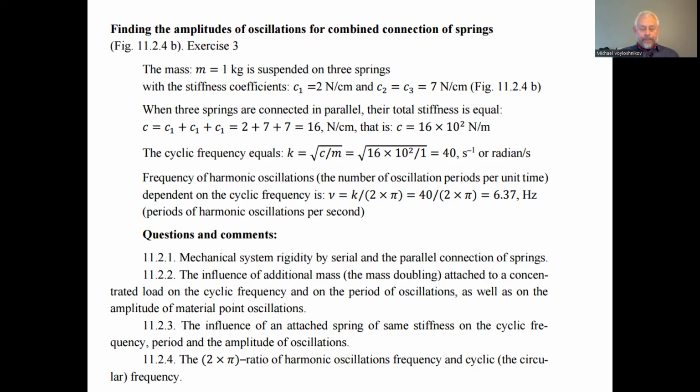And the period of the oscillation is equal to 1 divided by the frequency of harmonic oscillation, or the period of oscillation is equal to 2 pi divided by the cyclic frequency. This is the period of the oscillations. Thank you.